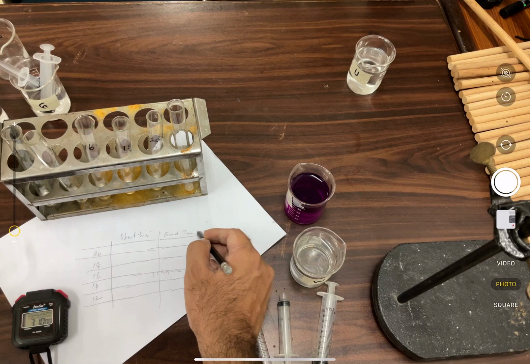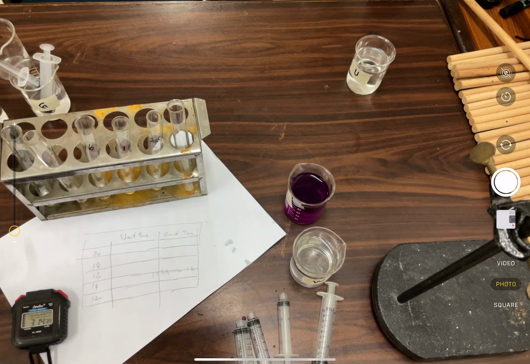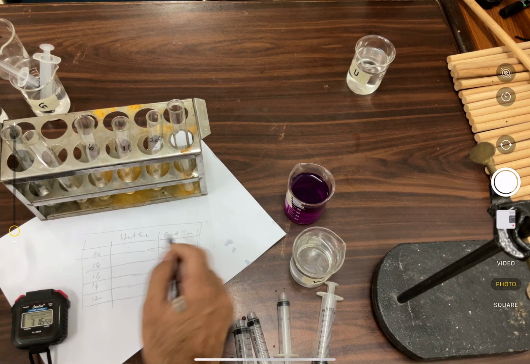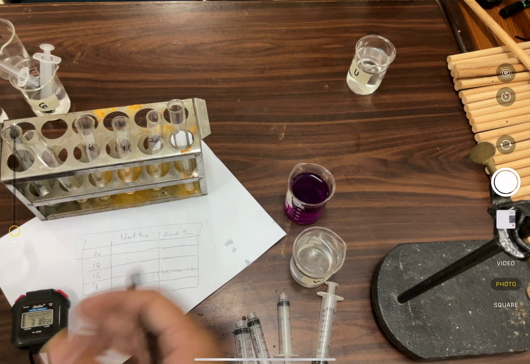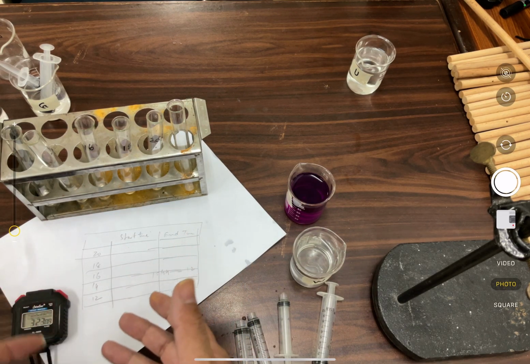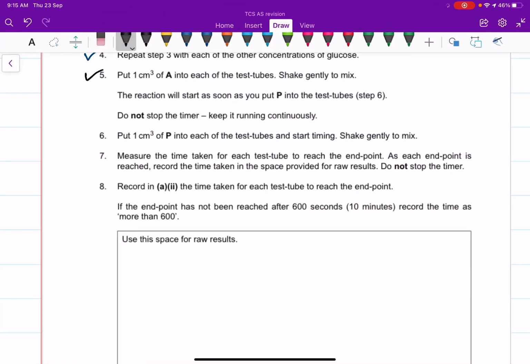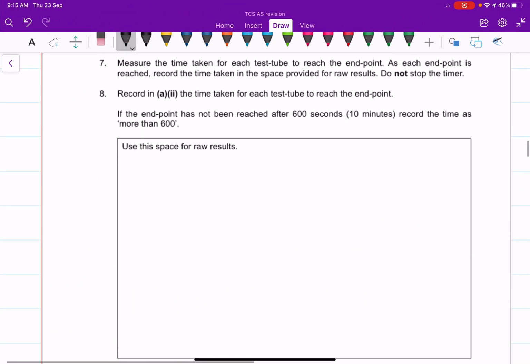You should make this raw table to record the start time and then the end time carefully so that you don't miss the end point. We can repeat it. I'm not going to repeat it now, but let's see the next part. So use this space for the new result.